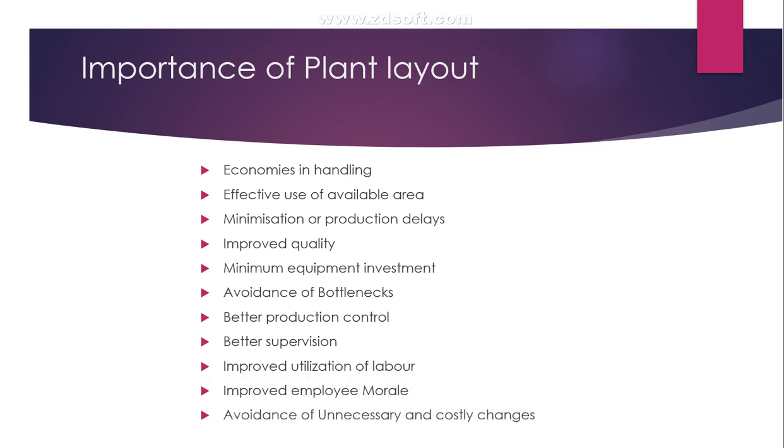Avoidance of unnecessary and costly changes. When we have the sequence of production planned and organized and the movement of materials handled in a very efficient way, it avoids unnecessary and unwanted changes, which are highly expensive. In any manufacturing unit, when equipment or technology is changed, it does not come at low cost.